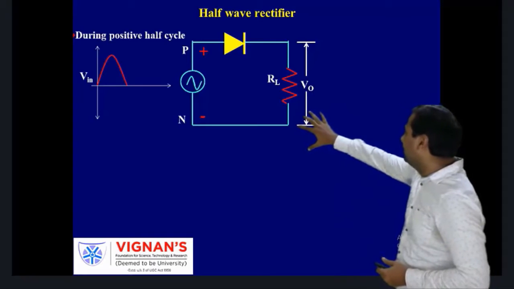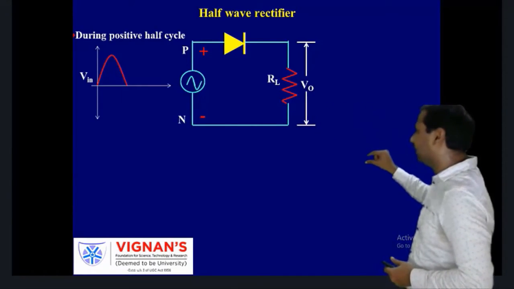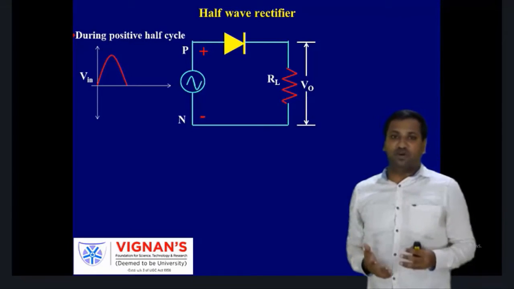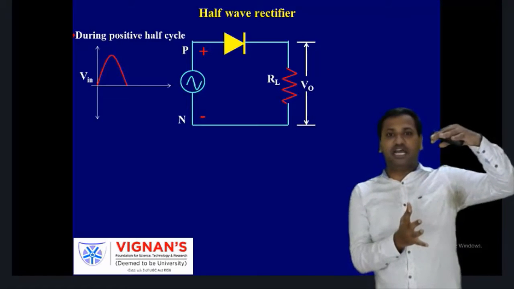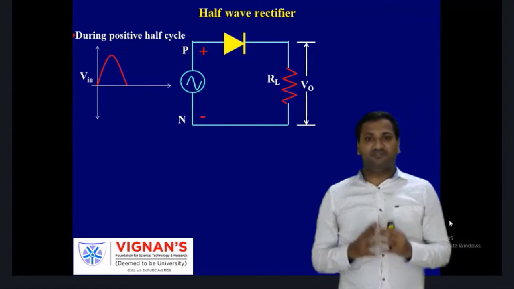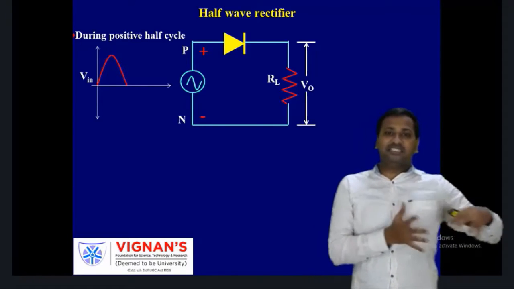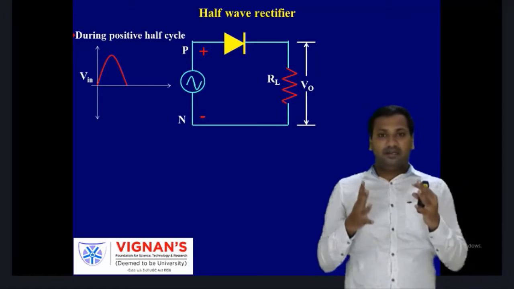During the positive half cycle, the diode anode is connected to positive and cathode is connected to negative. That means your anode potential of the diode is at a higher value than the cathode potential. That means your diode is in forward bias. We already discussed this in the earlier sections on diode characteristics.